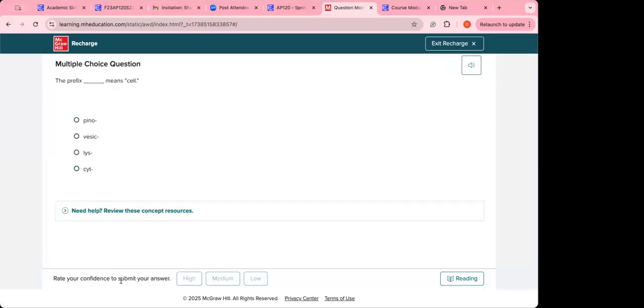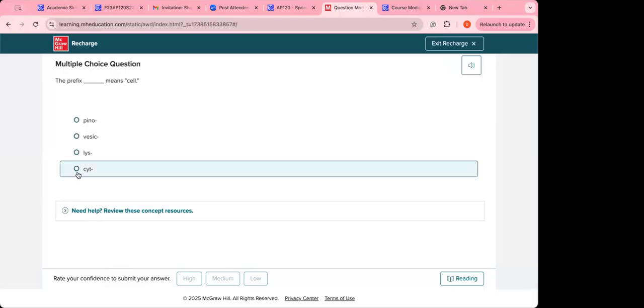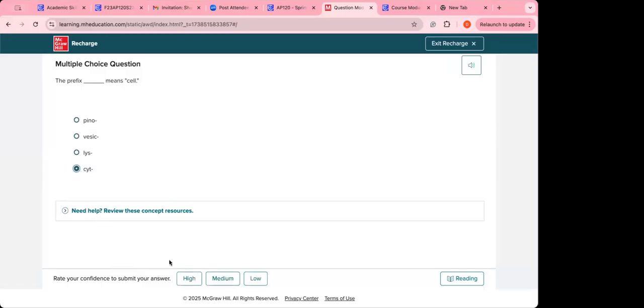The prefix, okay, you know this one. Which one means cell? Yes.